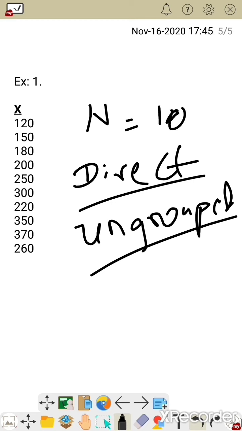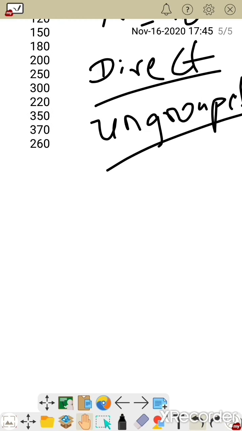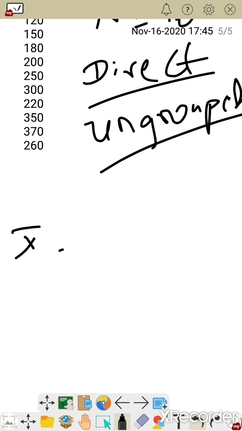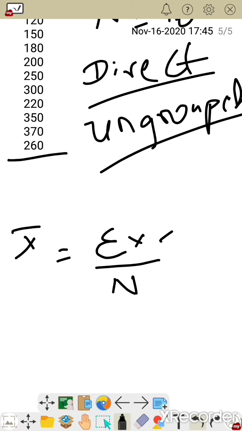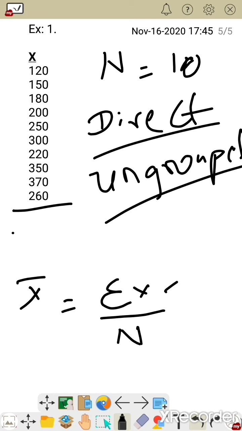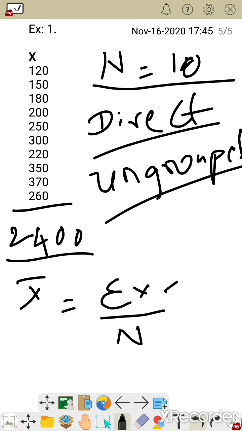So for this ungrouped data, what is the formula? The formula is x bar is equal to sigma x divided by n. First we need sigma x, which is the total of all the observations. The total of all these observations I have calculated is 2400, and n is equal to 10.